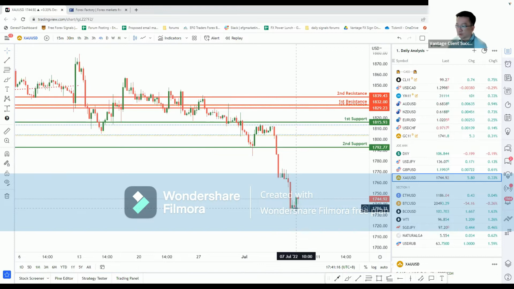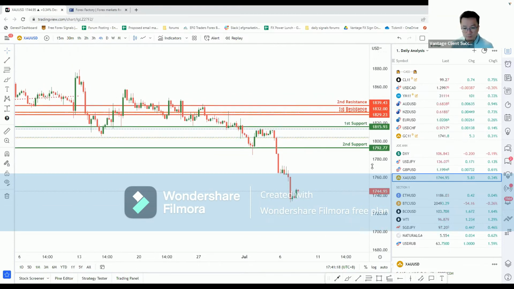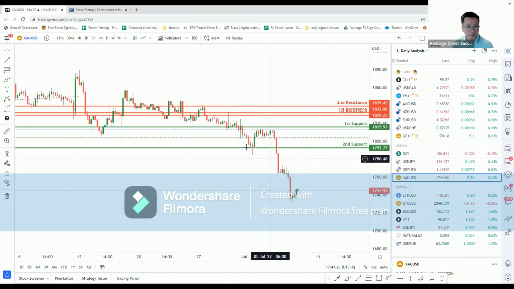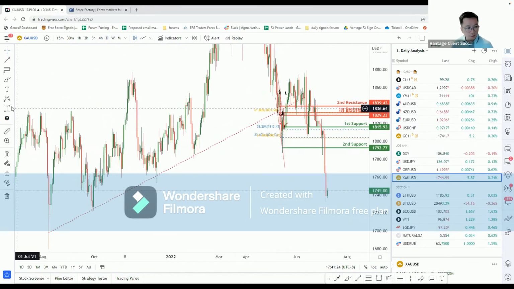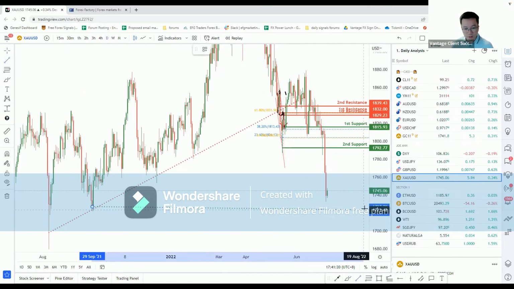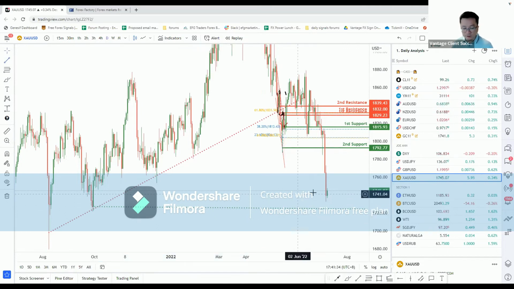So at this point, if I went to the daily time frame, you can see the next support level on gold at about 1724. So not very far away from where we are now.